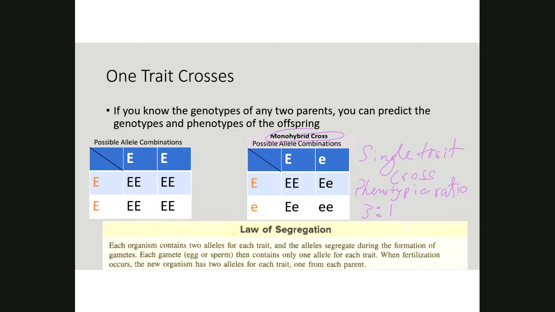So what do I mean by a 3:1 ratio? Only one of the possible offspring will be recessive, and the other three are dominant. So there's 3 dominant against 1 recessive. So remember this, okay?